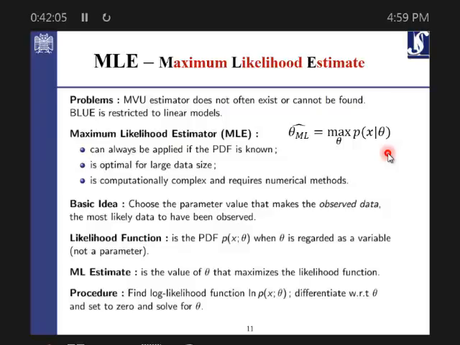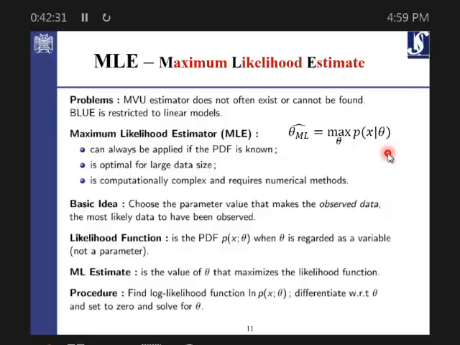And we look for the log likelihood, and the answer is the same, because the logarithm is a monotonic function with respect to its argument. So any answer for the likelihood also applies for the log of the likelihood.